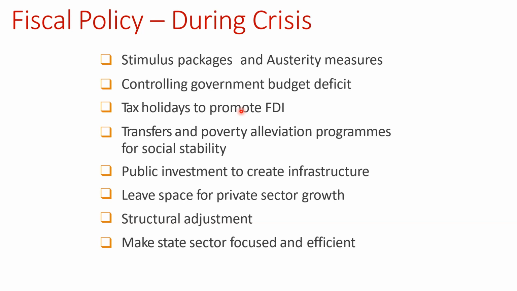Then transfers and poverty alleviation programs for social stability. Now here, during the crisis, you have to give due consideration to the low-income groups because they are the people who will suffer the most. Maybe the low-income people may not be able to eat even 3 meals. Maybe low-income children may not be able to go to school. They may not be able to buy even a school book.